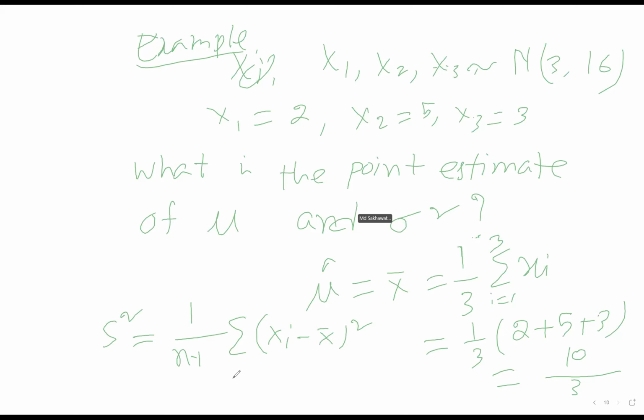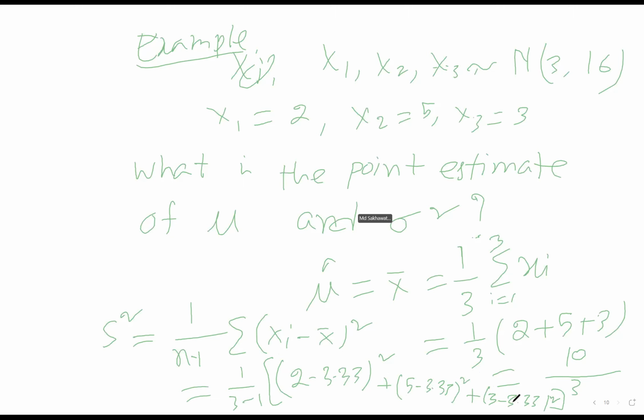Now we have 1 over 3 minus 1, and x1 is 2, so it will be 2 minus 3.33 squared plus 5 minus 3.33 squared plus 3 minus 3.33 squared.